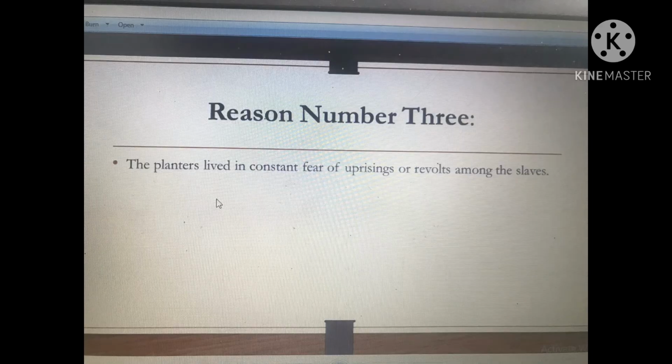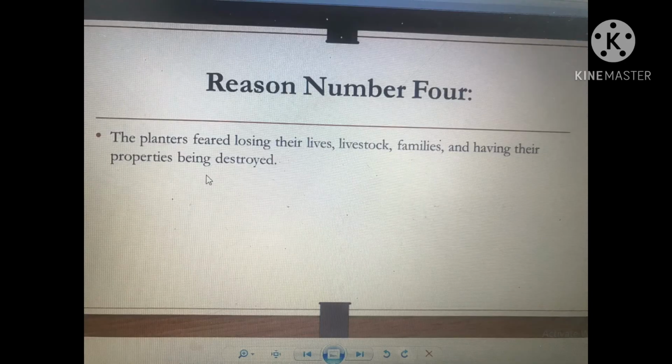Reason number 3. The planters lived in constant fear of uprising or rebellion among the slaves. And reason number 4, the planters feared losing their lives, livestock, families, and their properties from being destroyed.